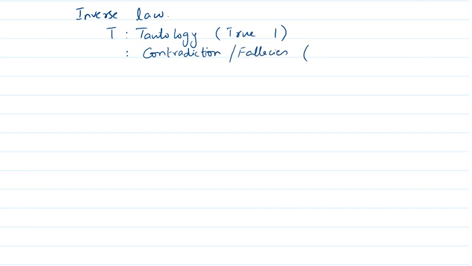Anything that is always false, with a logical value of 0, and we denote it by either the C symbol, or sometimes you may see F written against it. So tautology is something that is always true with logical value 1, and contradiction or fallacies is always false with the logical value of 0.